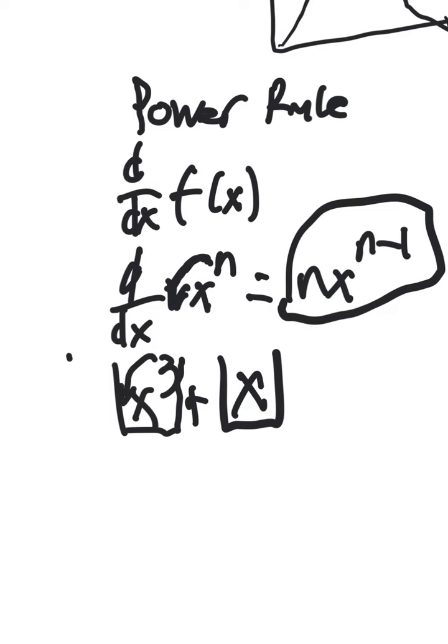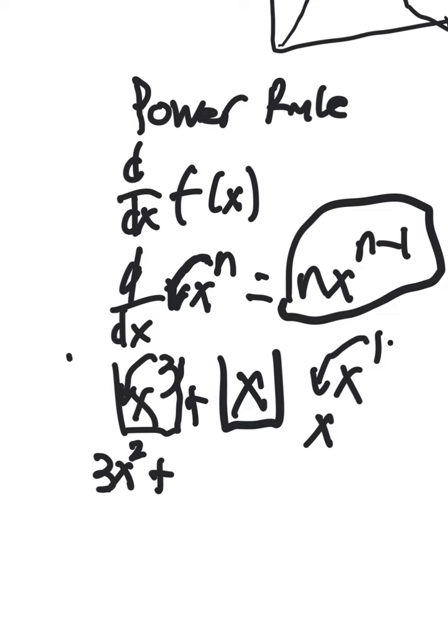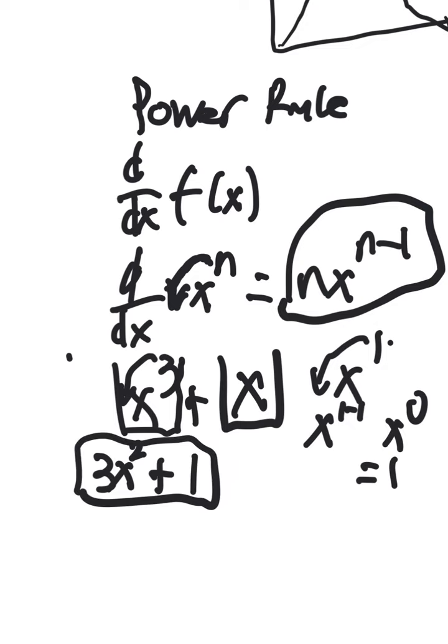So the exponent would hop down, you'd have 3x to the power of 3 minus 1, which is 2, 3x squared, plus, if we think of x as x to the 1, then the 1 hops down, it's 1 times x, so that's just x, and then 1 minus 1 is 0, so then it's x to the 0, which is 1, so 3x squared plus 1, and this is the derivative of that.